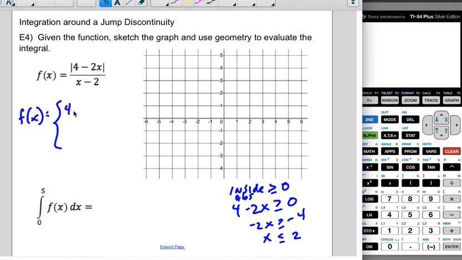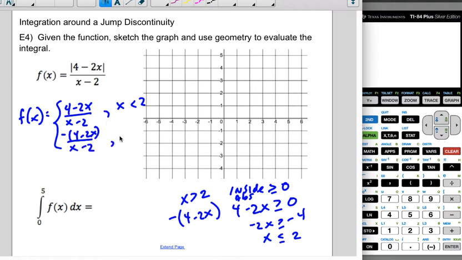Basically, it just behaves like 4 minus 2x over x minus 2 for x values that are less than 2. We'll talk about the issue at 2 in a second, and I'll talk about why I didn't put the equal to. And then for x greater than 2, it's going to behave as the opposite of what's in the absolute value. So it's going to behave as a negative times 4 minus 2x over this x minus 2.